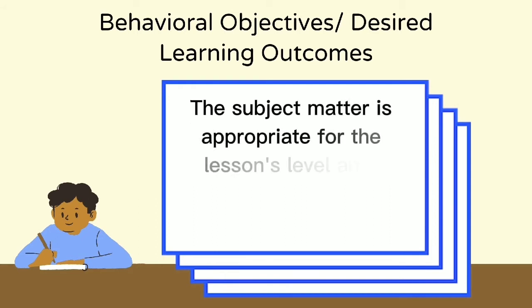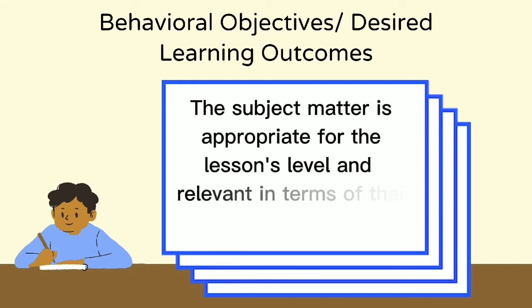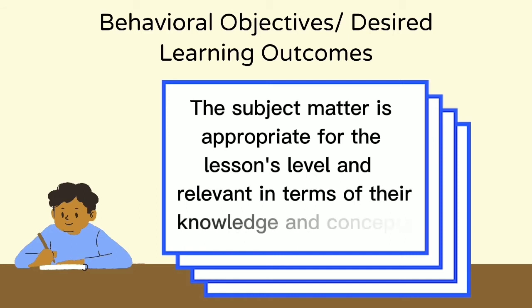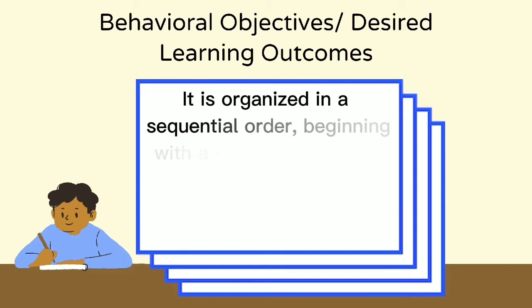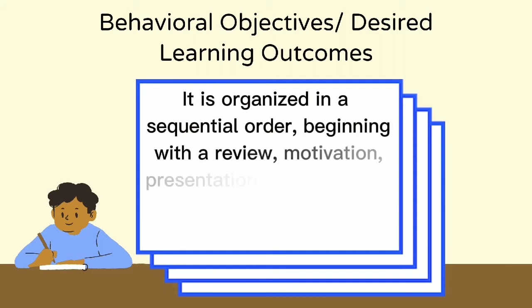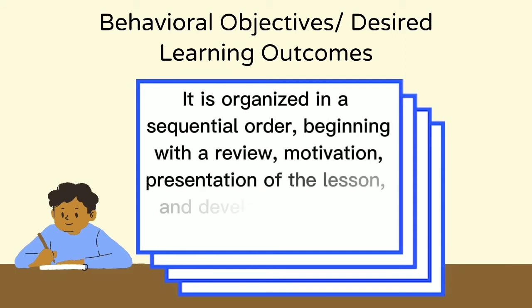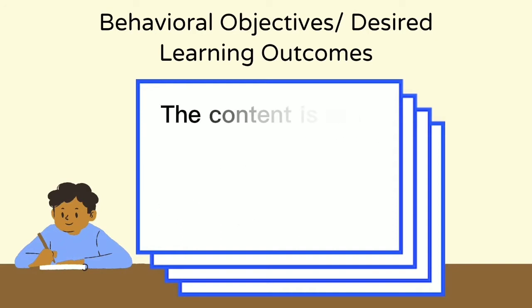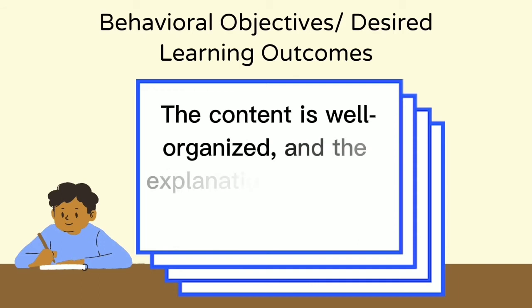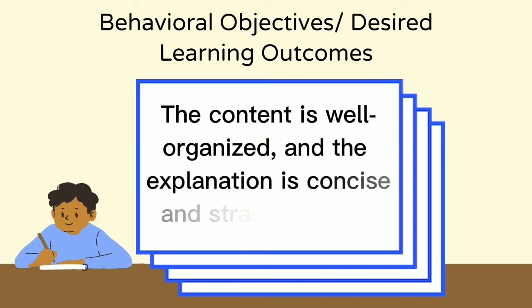The subject matter is appropriate for the lesson's level and relevant in terms of their knowledge and concepts. It is organized in a sequential order, beginning with the review, motivation, presentation of the lesson, and development of the lesson. The content is well organized and the explanation is concise and straightforward.